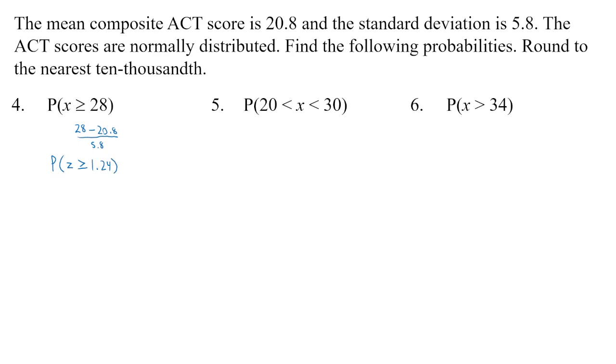Now, if you notice, I rounded the z-score to the nearest hundredth, because if you look at the z table, they only give you the z-scores rounded to the nearest hundredth. So now we got the probability that the z-score is greater than or equal to 1.24. It's greater than, therefore, you're going to find 1.24 in the z table and subtract from 1.